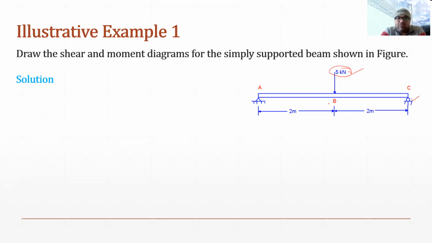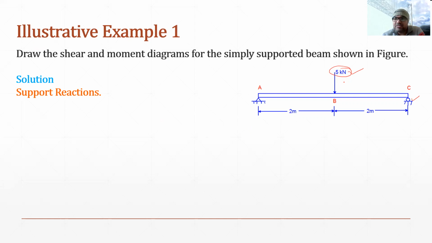So now we will solve as per the steps that we have discussed in the previous lecture. So first step is to find out the support reactions. Here I will not be discussing the process of calculating support reactions, because I have already discussed that in the previous lectures. I assume that you now understand how to calculate the support reactions.